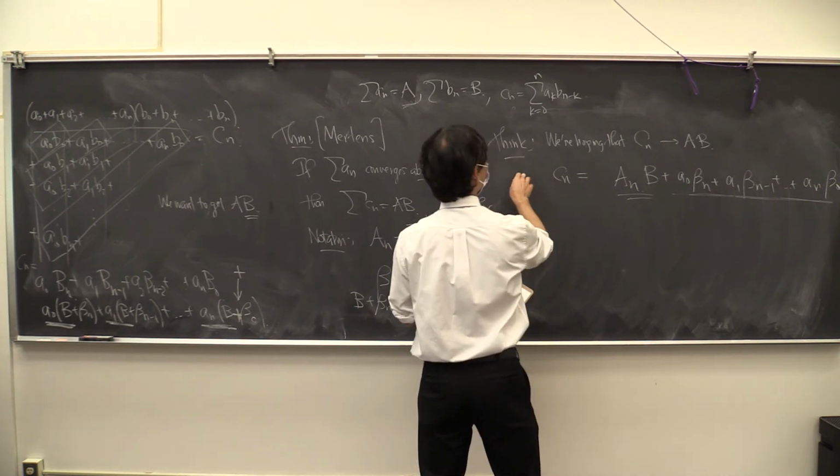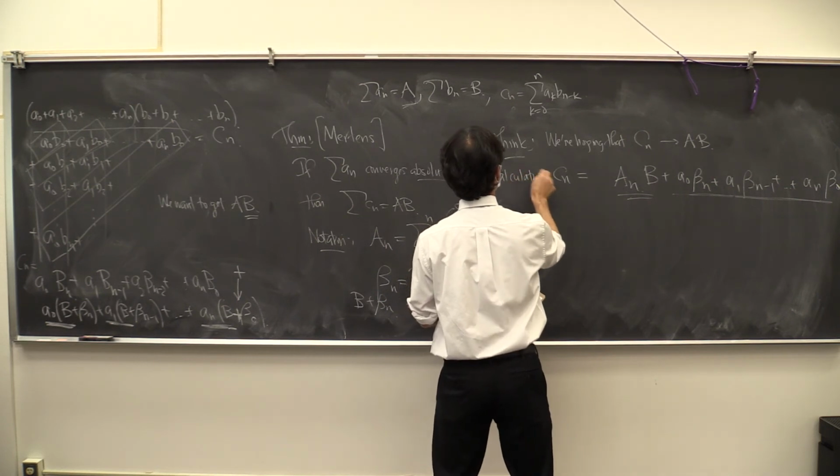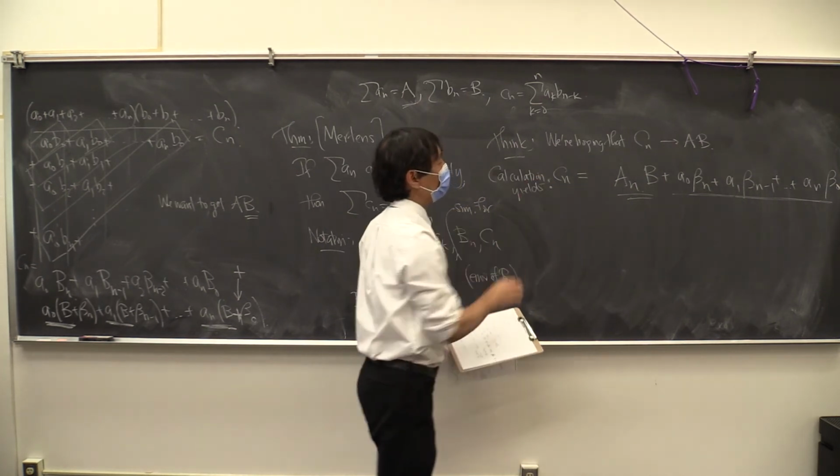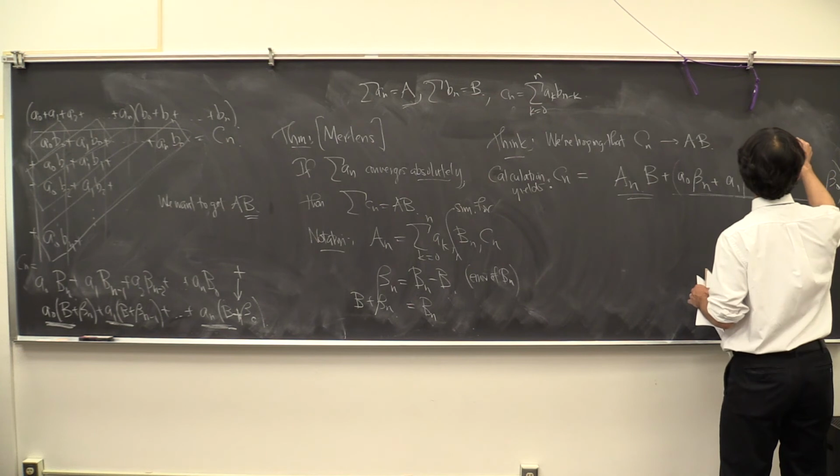Just calculation yields this expression for C sub n, and let's call this thing gamma.